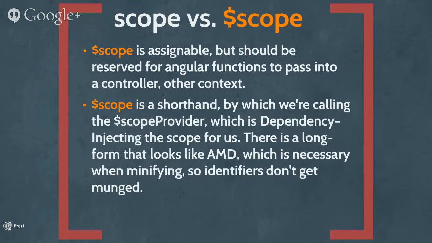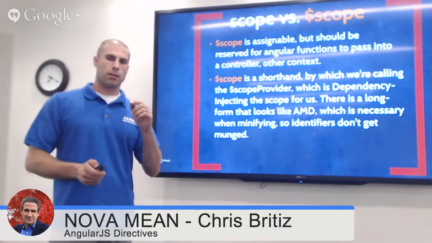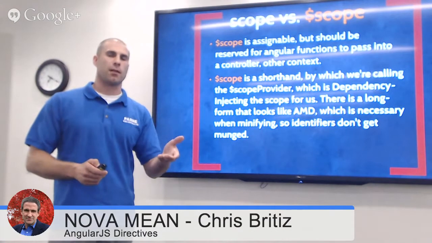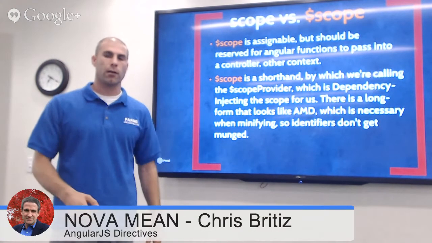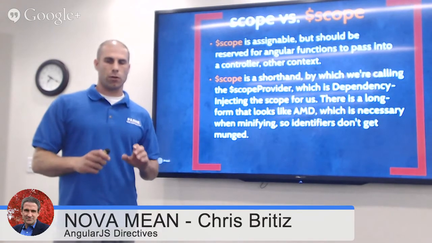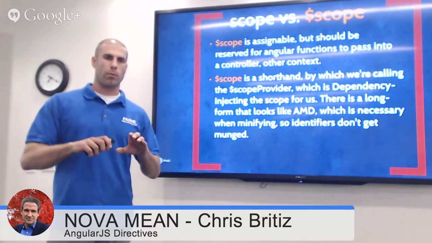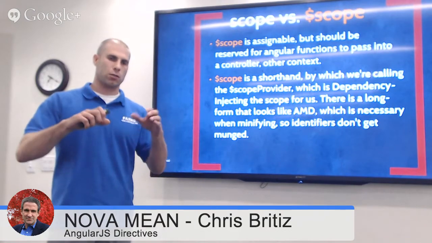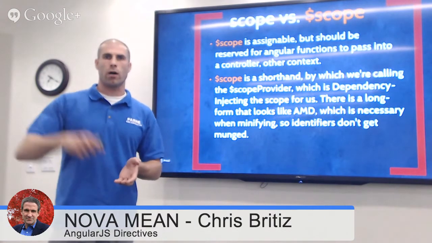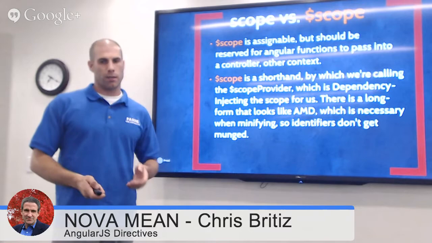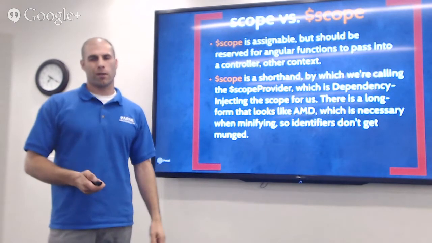And you can use it, like you were saying, you can assign your own controller, and then $scope gets passed to that, which is actually provided by Angular. But you don't really want to do that. You kind of want to keep your scope context to your directive unless you're talking to other directives, which is an advanced topic. I won't get into that.